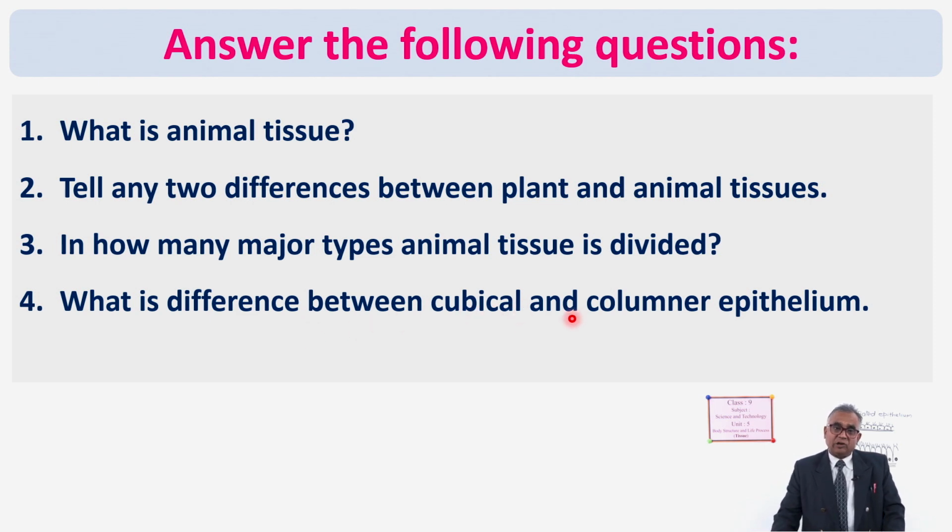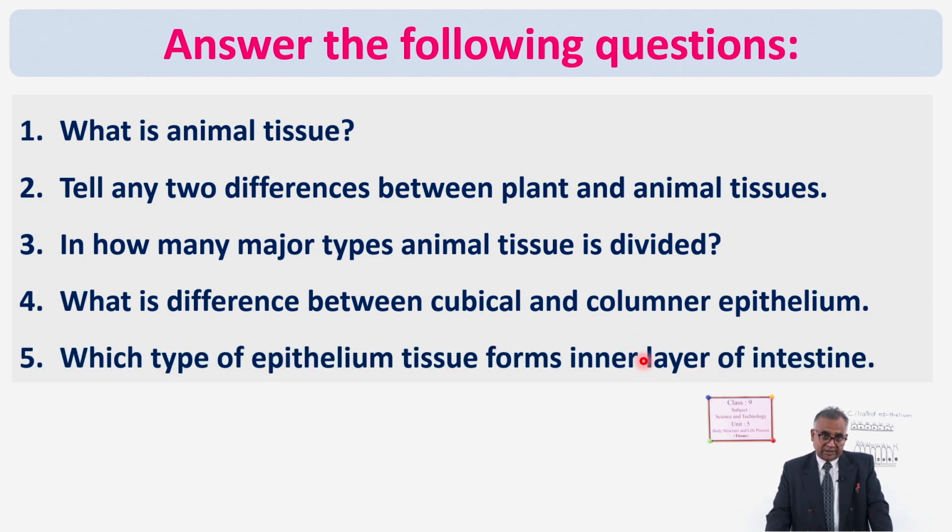What is the difference between cuboidal and columnar epithelium? A single difference you have to say. Yes, on the basis of the shape of the cell you can say that. Which type of epithelial tissue forms the inner layer of the intestine? That is columnar. Yes, good.